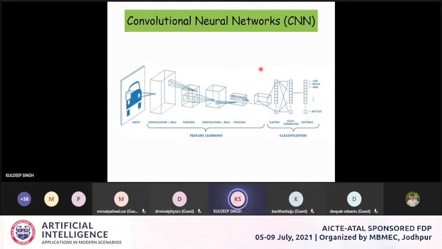One of the popular architectures of deep learning is the convolutional neural network, which is very popular and has shown very promising results in the computer vision field. The convolutional neural network consists of different types of layers, and each layer has its own working and significance.